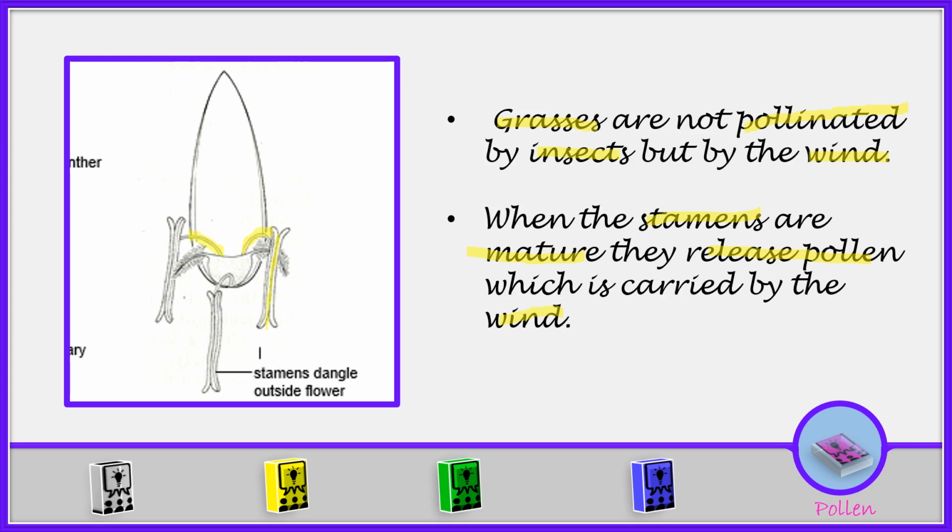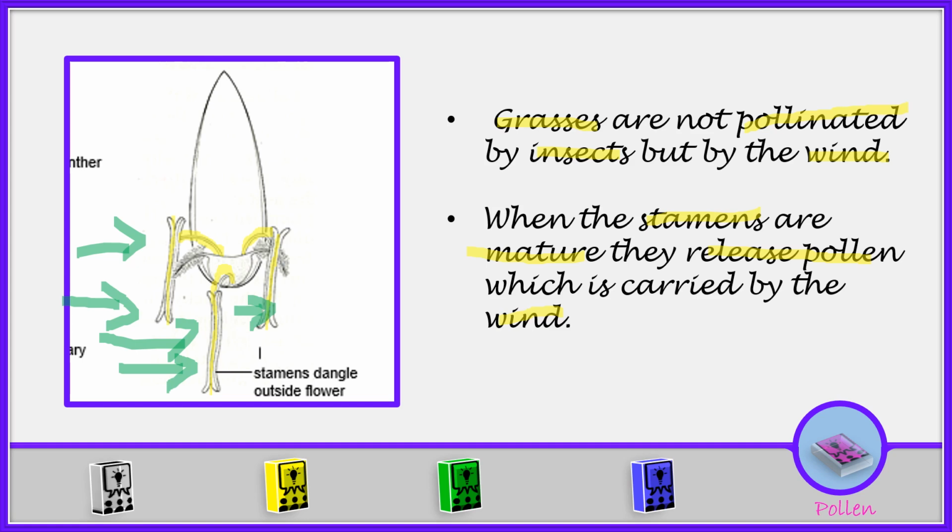That means that now they are ready to release the pollen. So when they come out and they are ripe, and outside we have wind flowing in that direction, of course it is going to blow the pollen which is on the anthers.